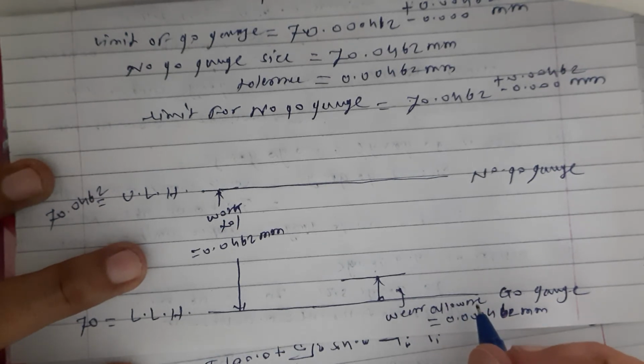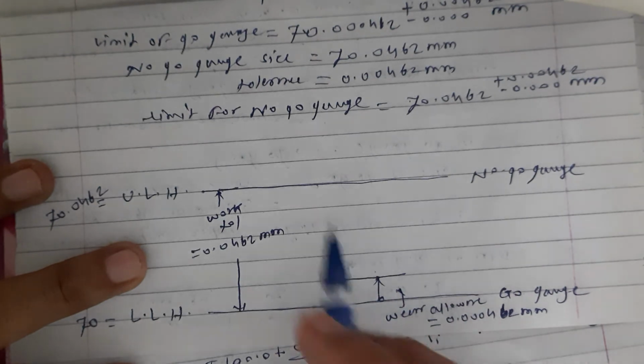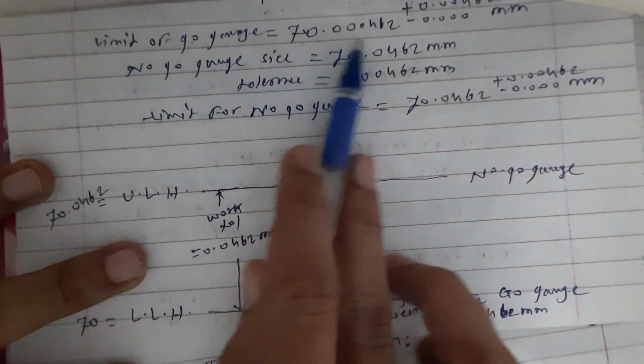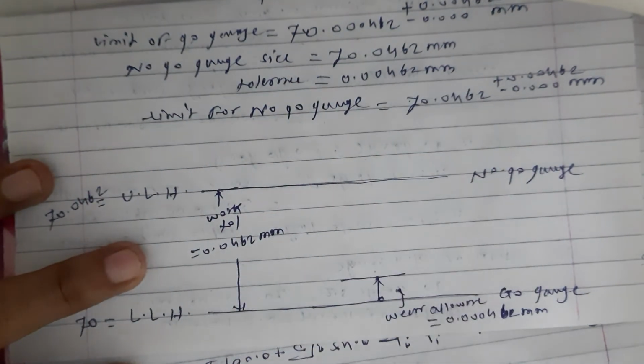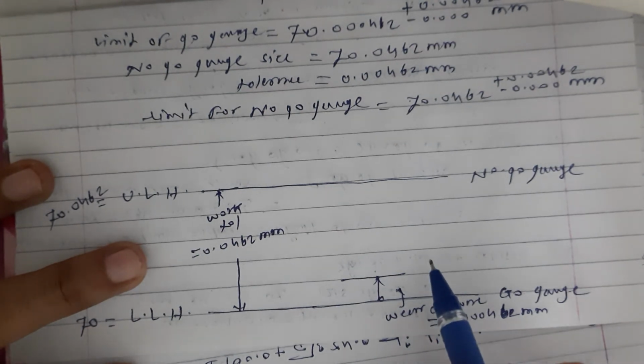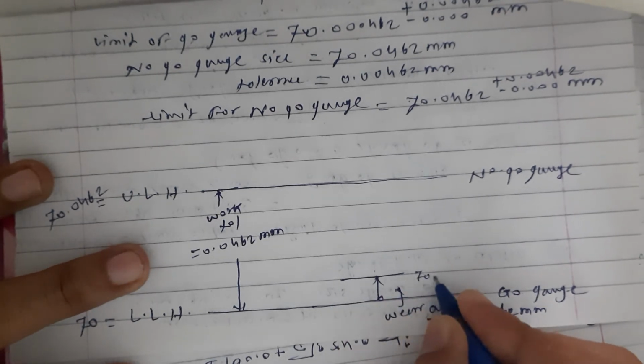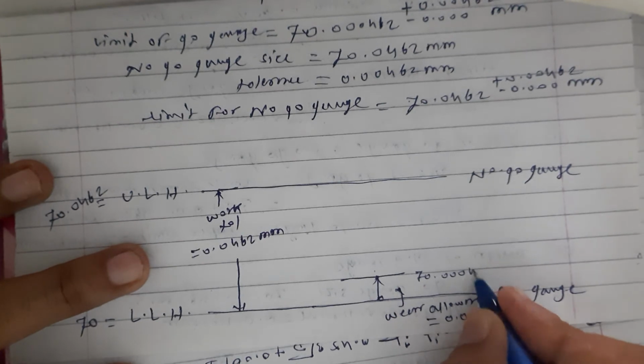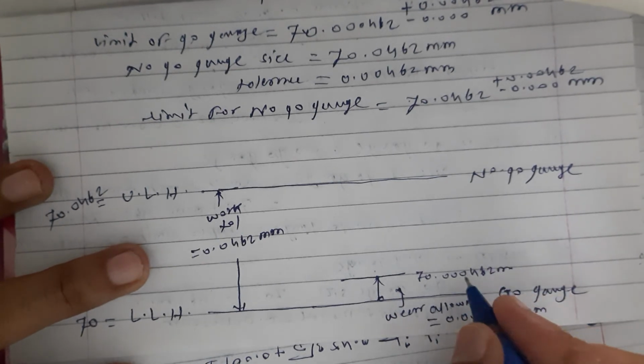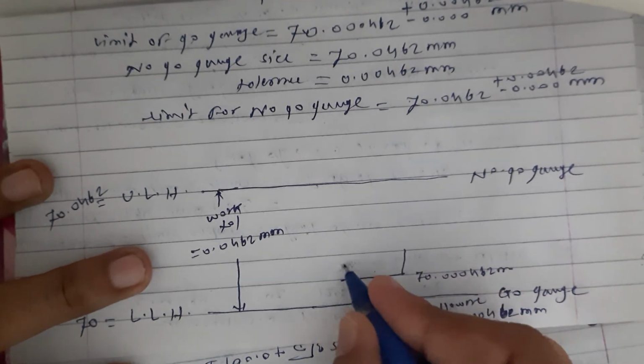Then what is the lower limit of the go gauge? We calculated the limit of the go gauge size, 70.00462 mm.